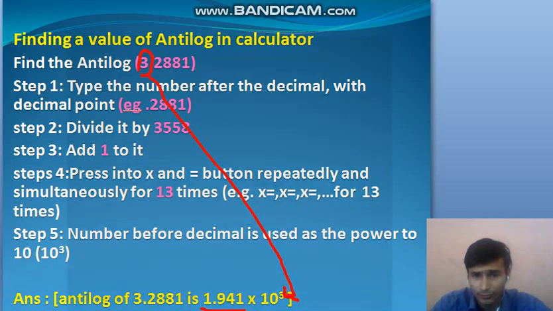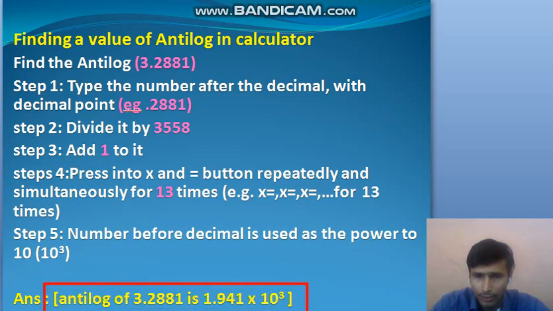So the full answer of the antilog of 3.2881 is 1.941 into 10 raised to the power of 3.